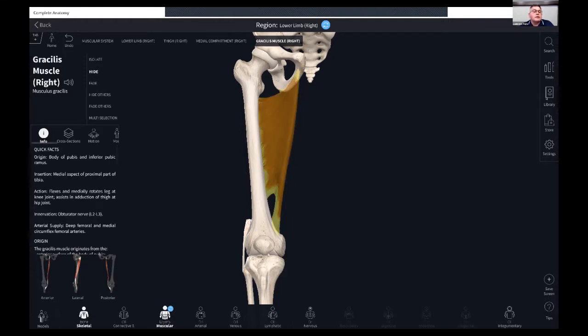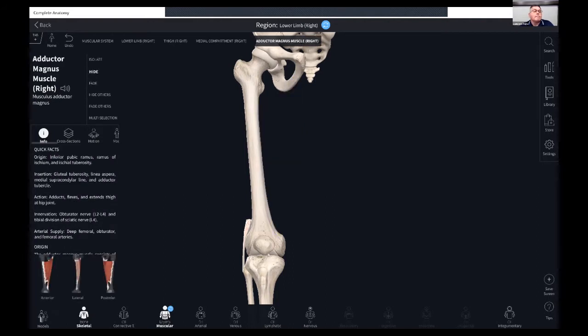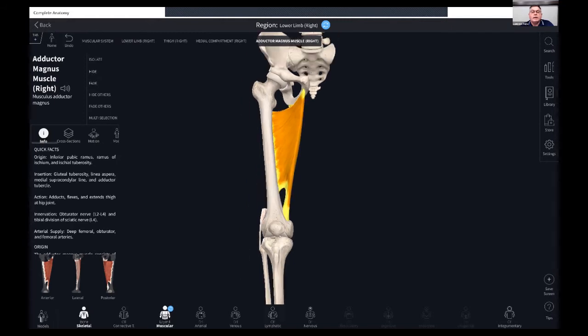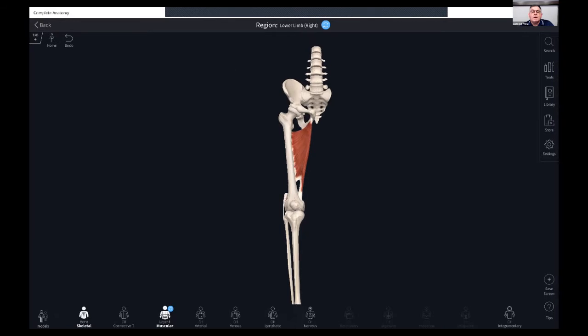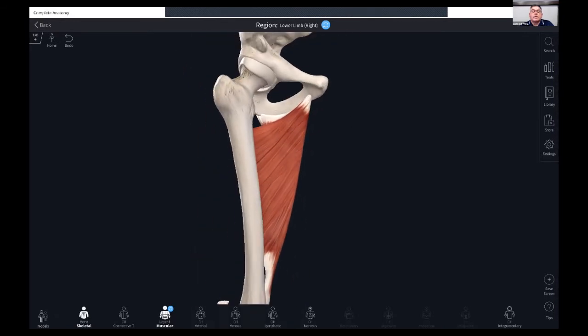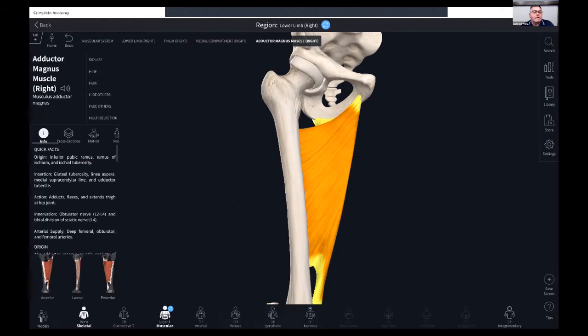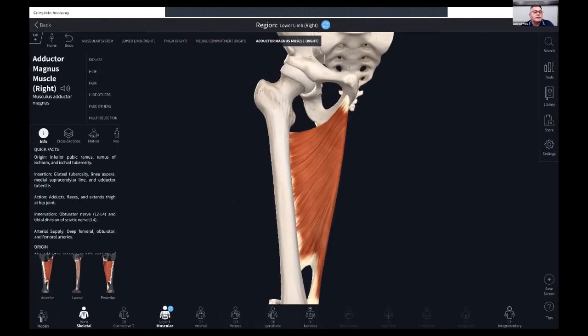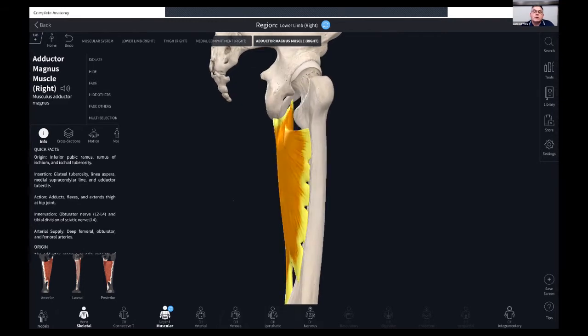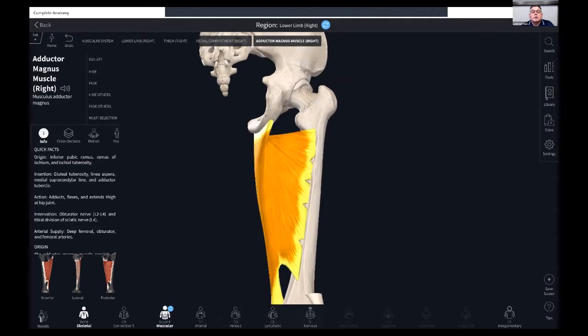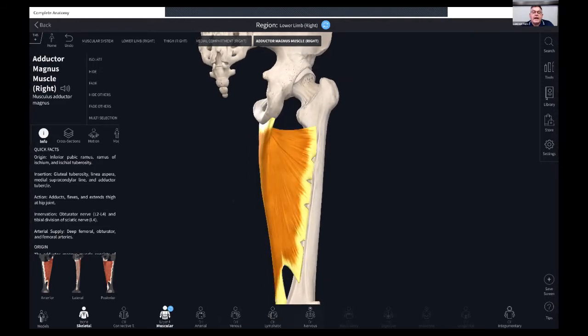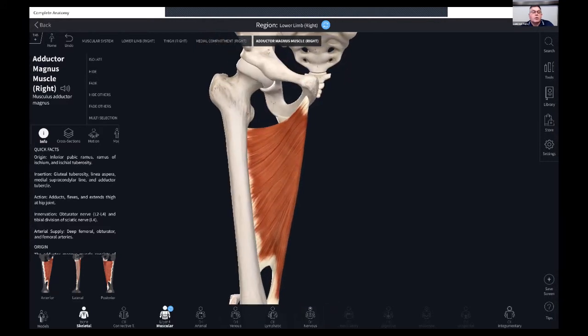So lastly, we'll get to the Adductor Magnus. Its first origin is posterior to the origin of Gracilis: the inferior pubic ramus and the ramus of the ischium. We also see an origin further down, almost to the ischial tuberosity where the hamstrings attach, so interesting correlation there.